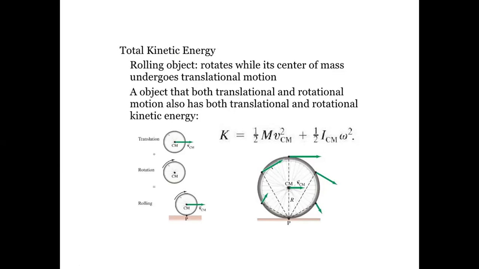So in rolling motion, we can see both translation and rotational motion, where the center of mass moves along a straight line and the body rotates around its own axis of rotation. So rotation plus translation is the mixed motion.